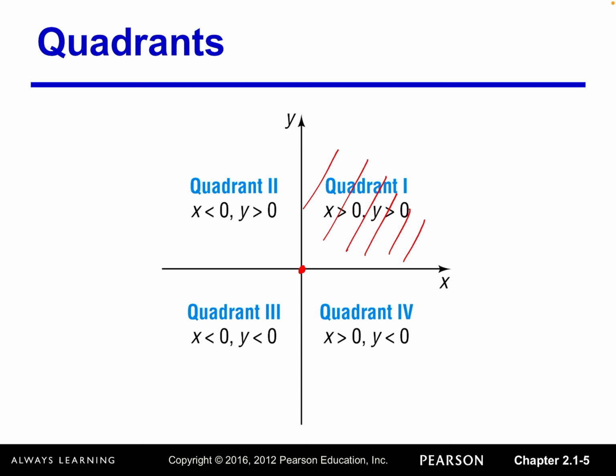In the second quadrant, it's on the left-hand side of the origin, so x is negative, but it's still above the origin, so y is positive. In the third quadrant, both x and y coordinates of the points are negative. For the fourth quadrant, it's on the right-hand side of the origin, so x is positive, but below the origin, so y is negative.